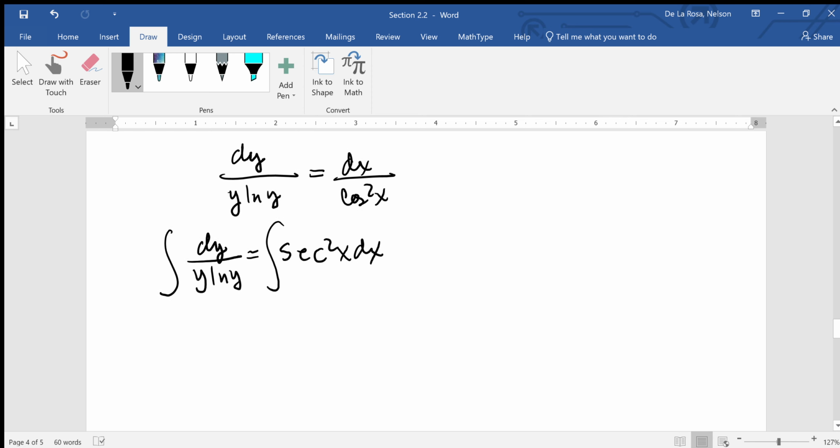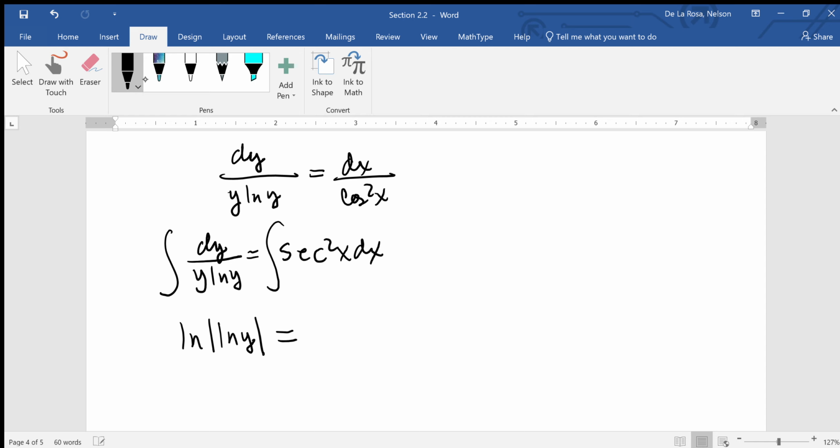So the integral of dy over y ln of y is ln of absolute value of ln of y.